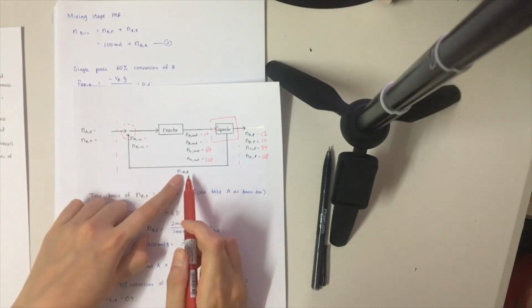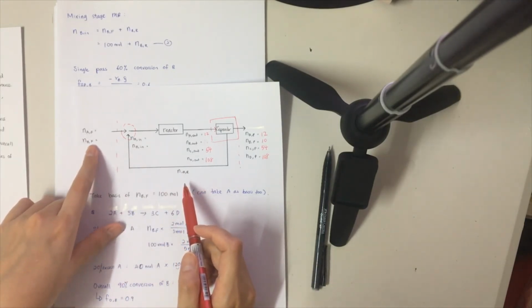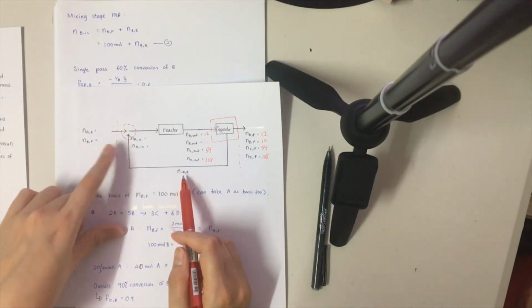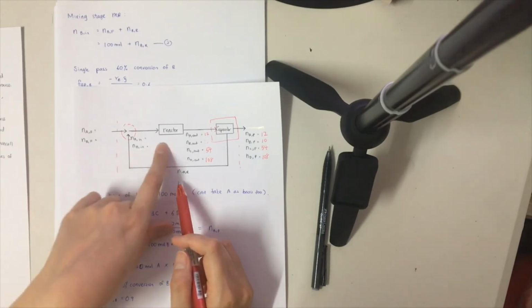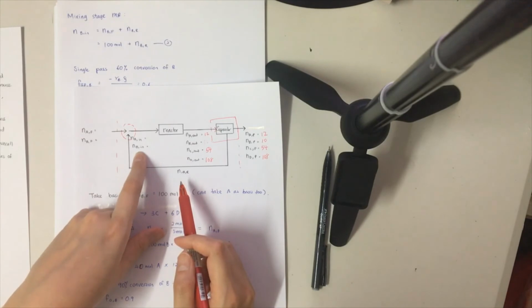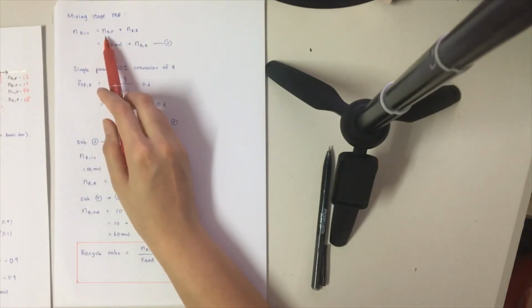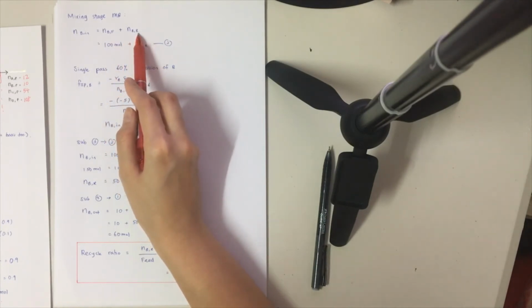But because we have a recycle stream containing B here, therefore the amount of B in the fresh feed combined with the amount of B from the recycled stream equals the number of moles of B in the stream that goes into the reactor. Okay?